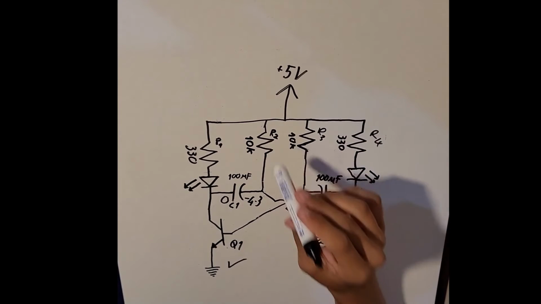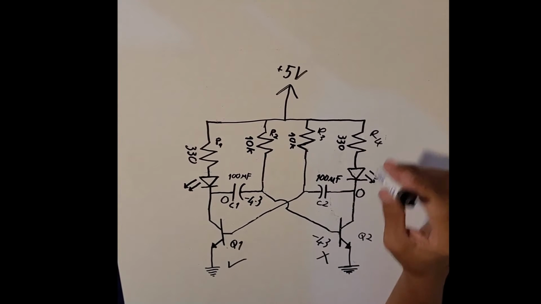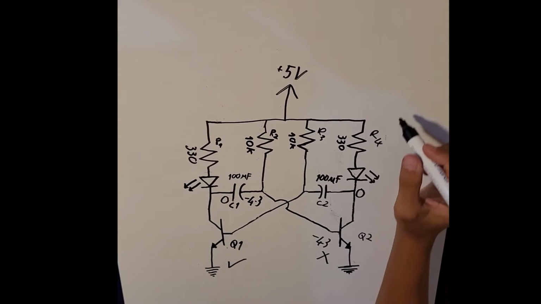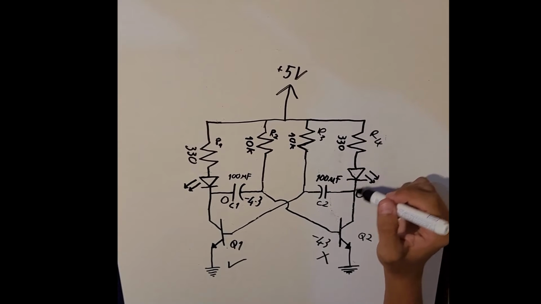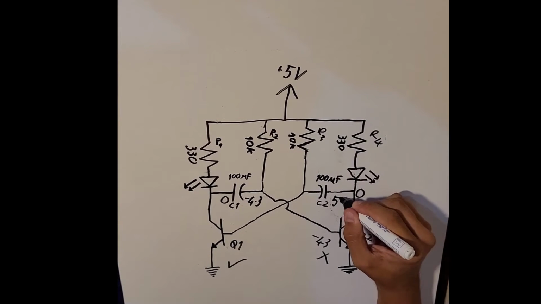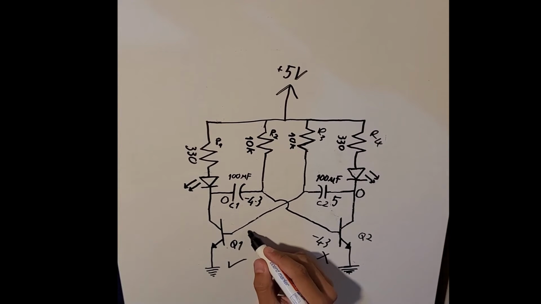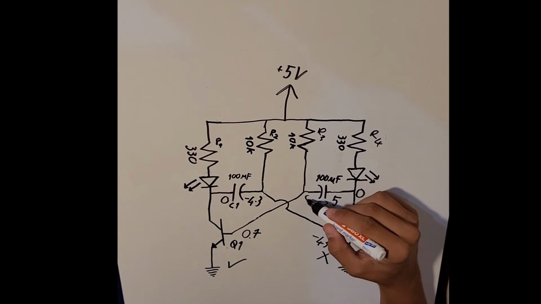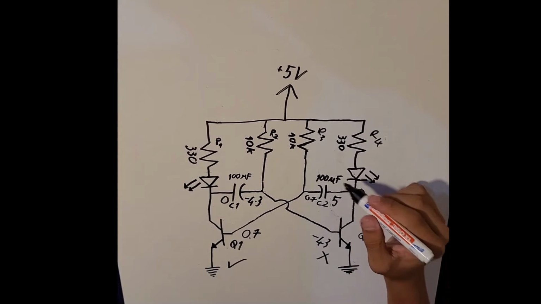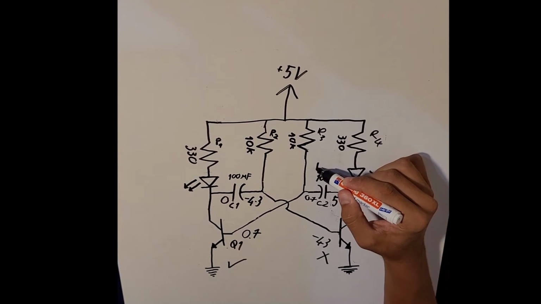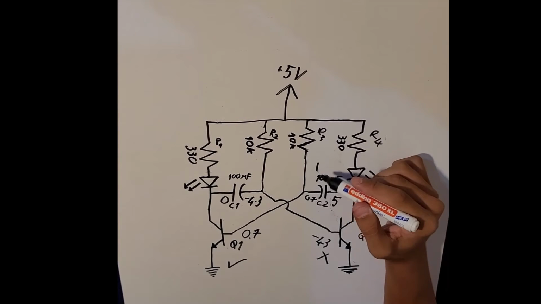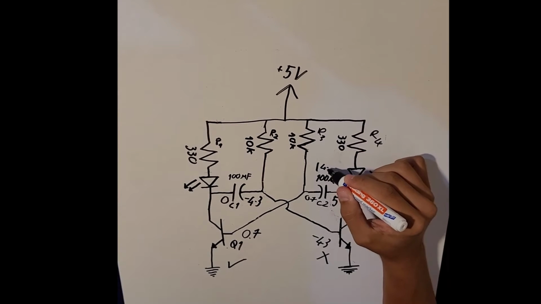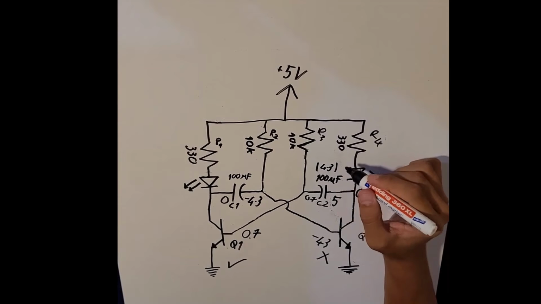R2 has greatly higher resistance than R4, so C2 will quickly charge through R4, and we will have 5 volts here. And because Q1 is on, its base is 0.7 volts and we have 0.7 volts here. And so we can say between two sides of this capacitor we have 4.3 volts of potential difference.